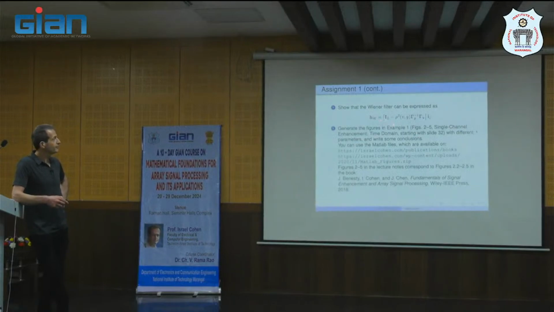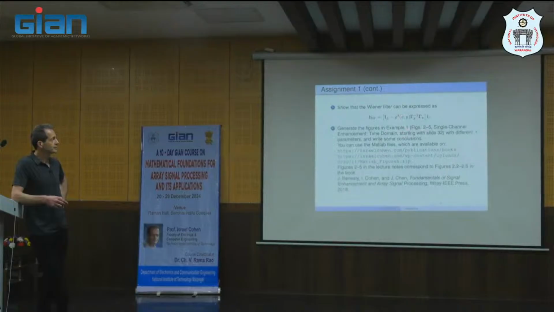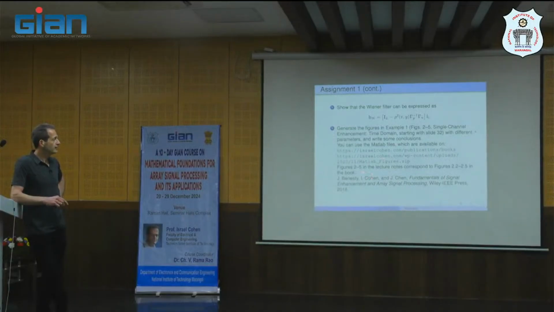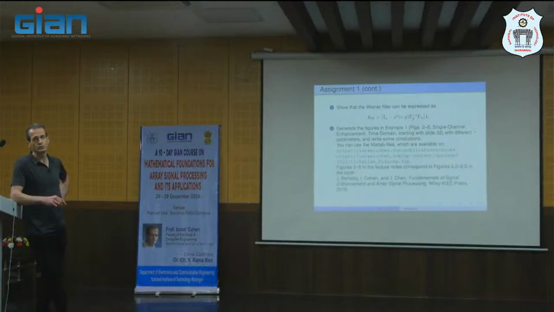Number 3, show that the Wiener filter can be expressed like this, based on the squared Pearson correlation coefficient. Okay, so these 3 problems are very easy, just to see that you understand, very basic. Here, the first one is using MATLAB, so it may take you more time to work on that. That's why I want you to use the MATLAB code from my website.